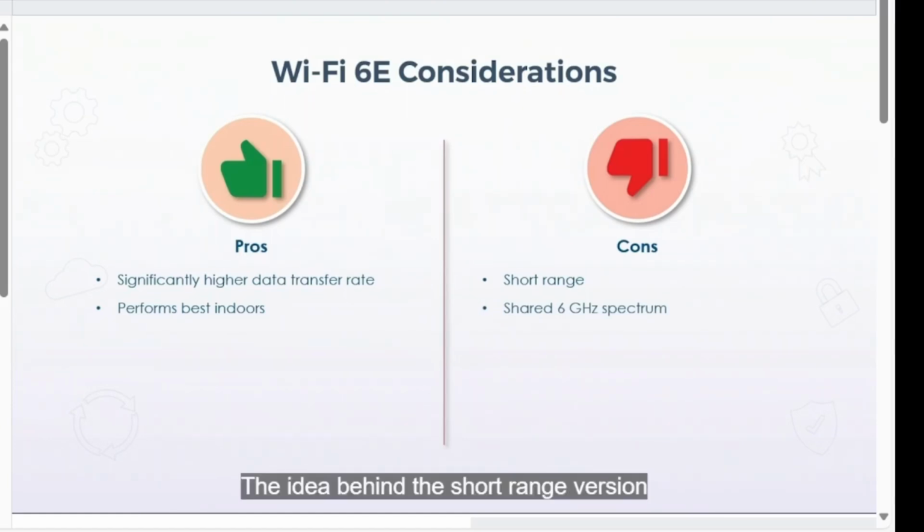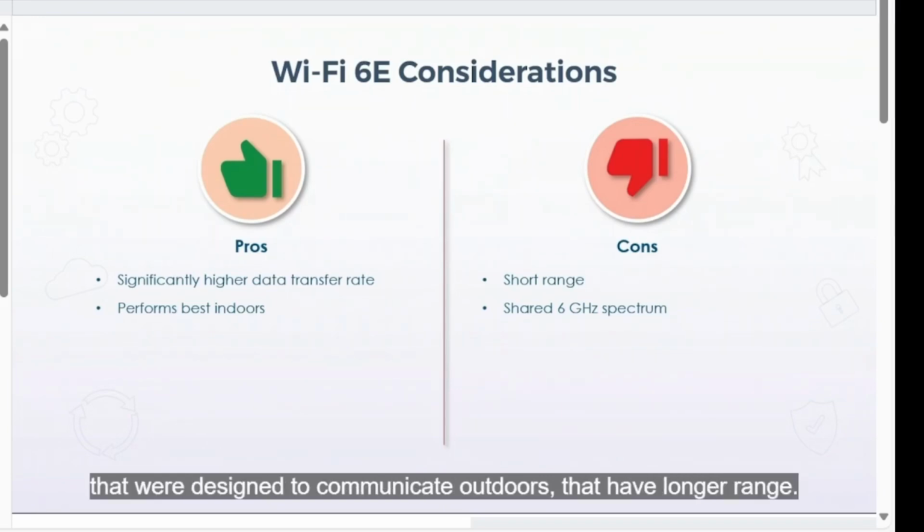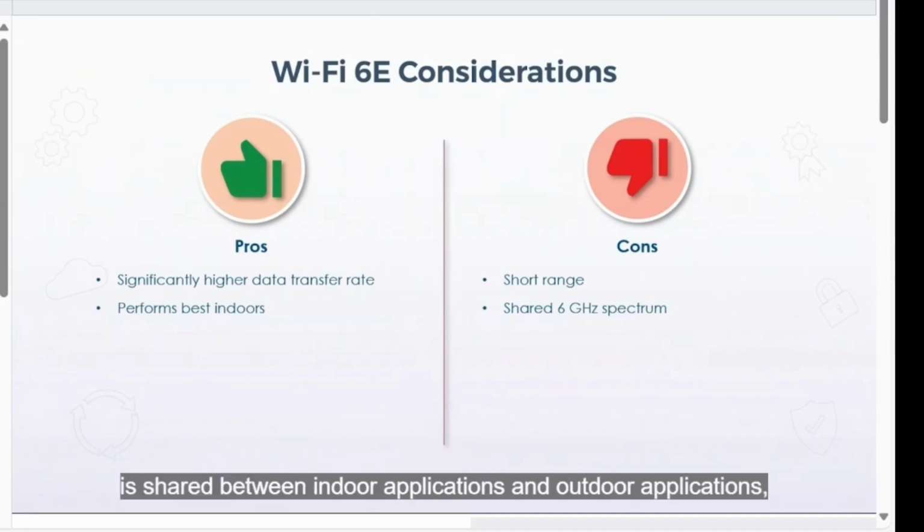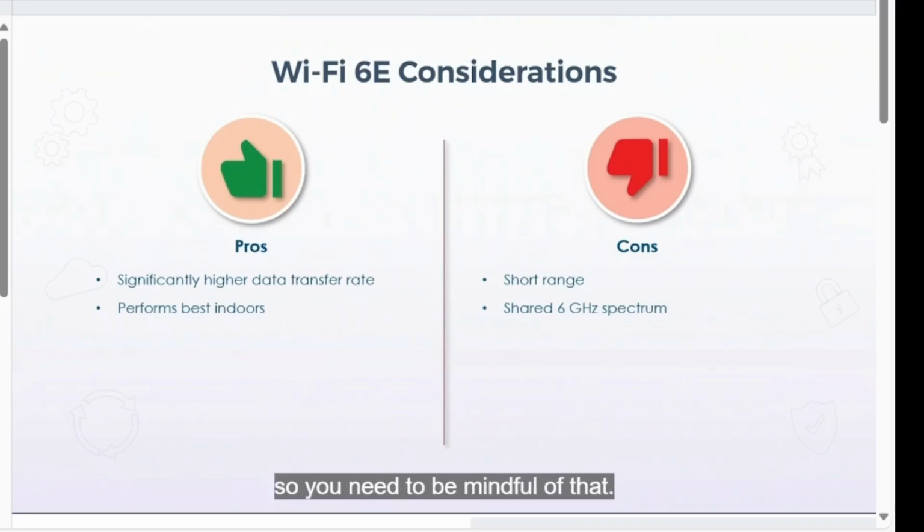The idea behind the short range version is that it's designed to be used indoors, but there are other types of communications that were designed to communicate outdoors that have longer range. So that whole 6 gigahertz spectrum is shared between indoor applications and outdoor applications. So you need to be mindful of that.